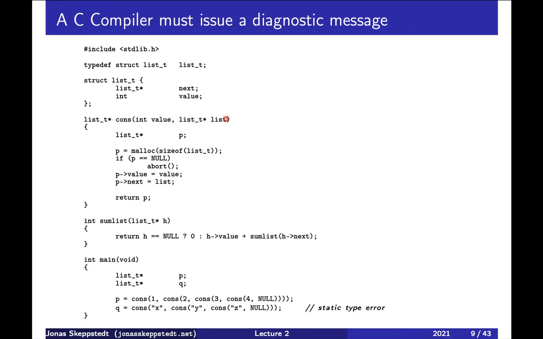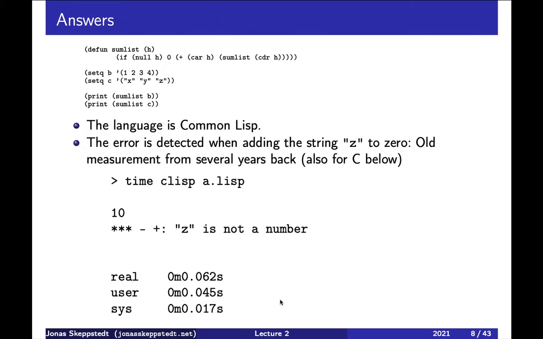So this is the list and this is the value, and we create a new link, and if we didn't get any memory, we complain. Otherwise, we set the value and the next pointer to the rest of the list and return this new one.